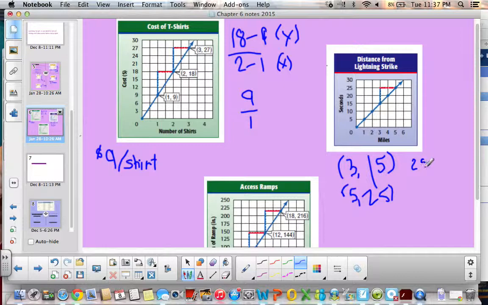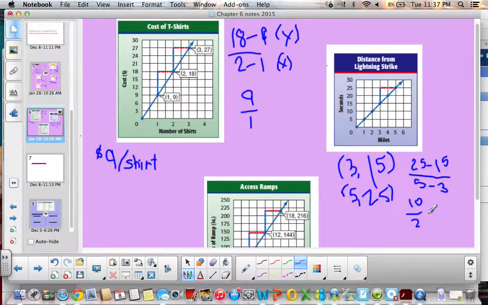So 25 minus 15, and then 5 minus 3. So y minus y, x minus x. Okay, so 25 minus 15 is 10. 5 minus 3 is 2.